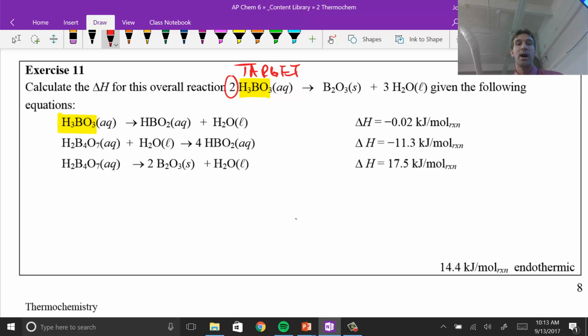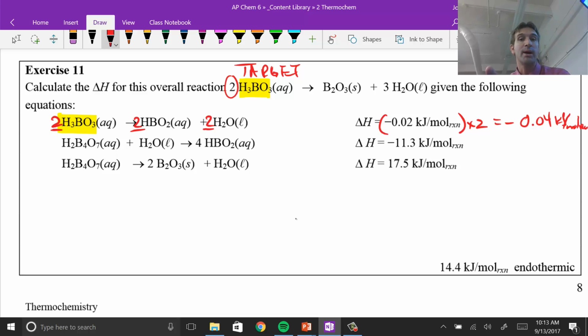That 2 means I'm going to have to double the sub-equation in order to make that work. So I will write this in as 2, 2, and 2, and then my energy value is also going to be times 2. So doing this very quickly, we're going to get negative 0.04 kilojoules per mole reaction on there.